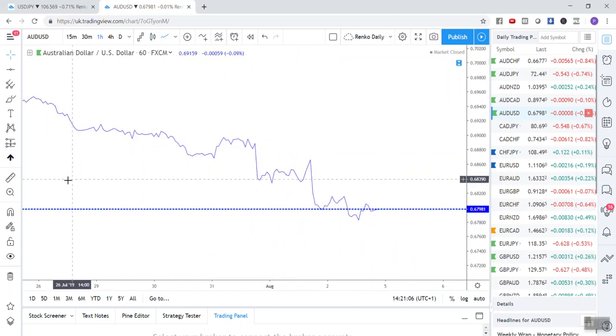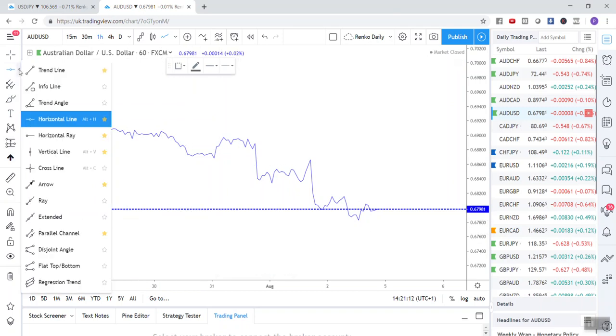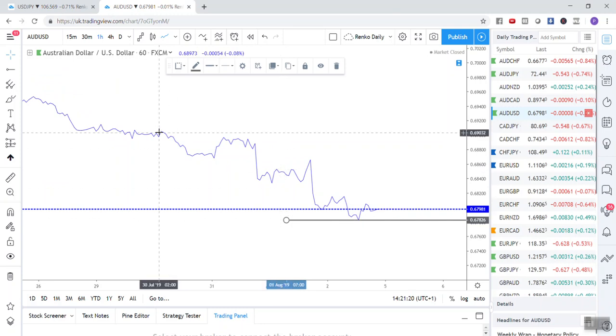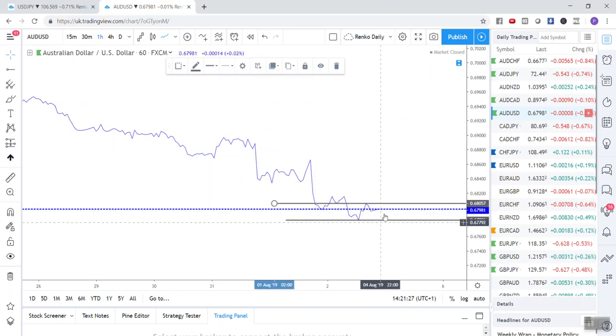Go to your line chart. You can mark your ray there. You mark your low and you mark your high.